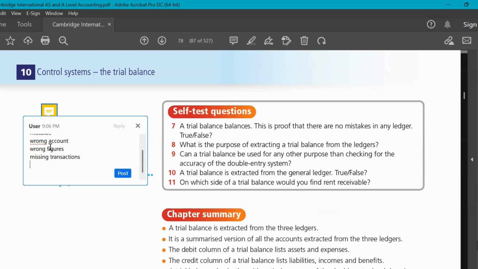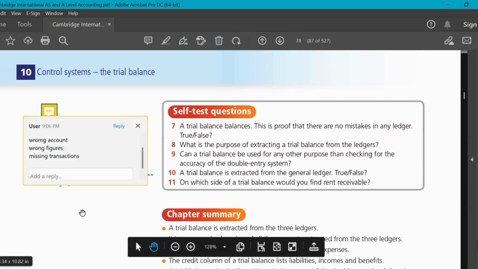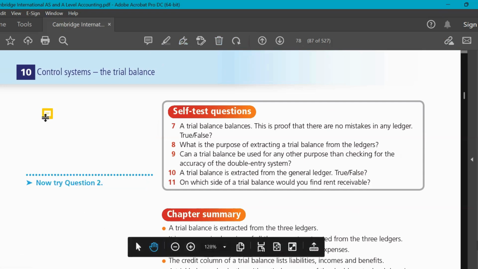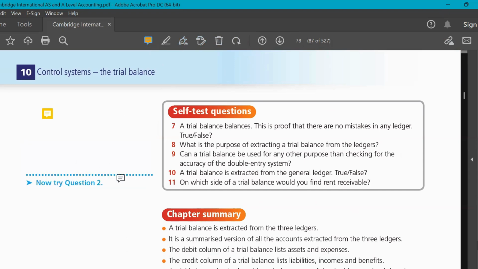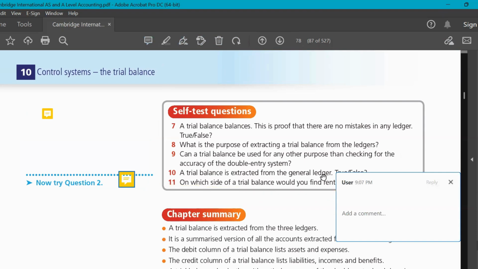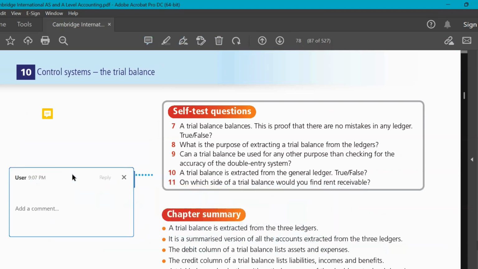Okay, number 8, what is the purpose of extracting a trial balance from a ledger?